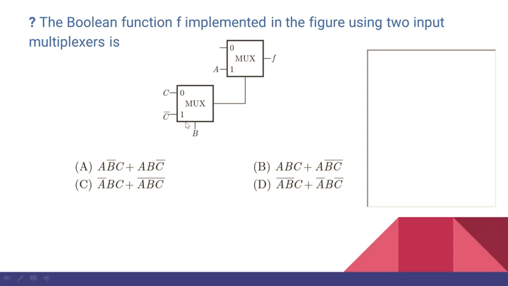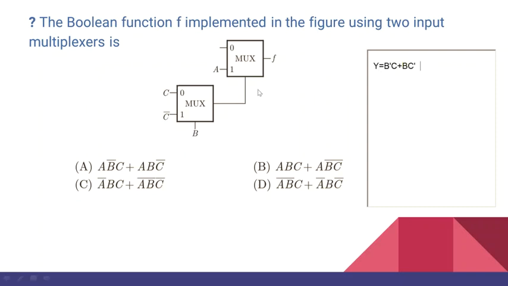The next question is, the Boolean function f implemented in the figure using two input multiplexers is. This is similar to the previous question. The only difference is that we are having two 2:1 multiplexers, and here B is connected to the first multiplexer. If this output is y, let's find the Boolean equation of the first multiplexer. That is, when this is 0, that is B bar C plus B C bar. Alright.